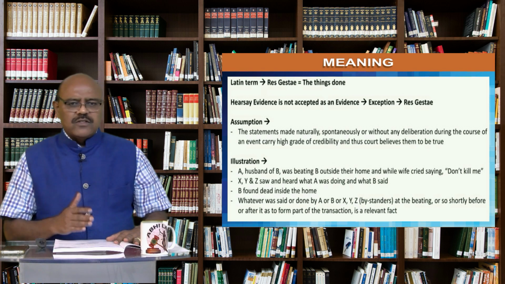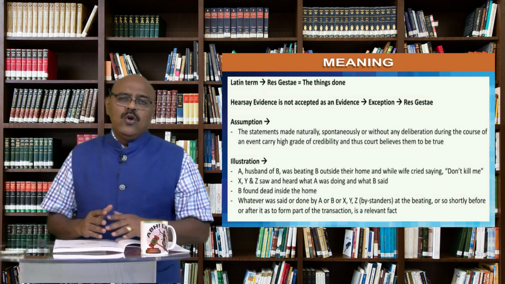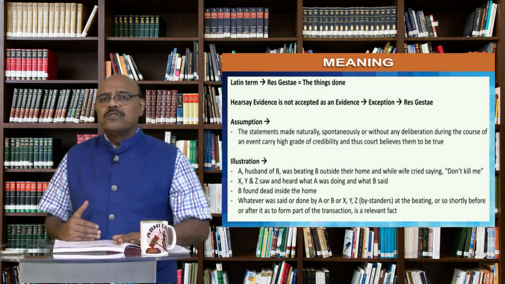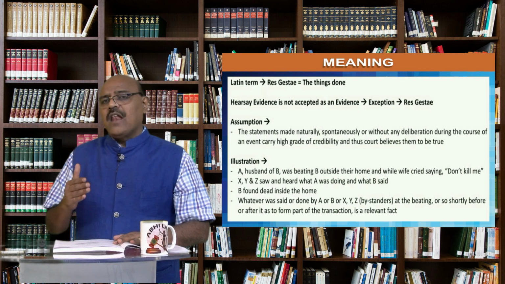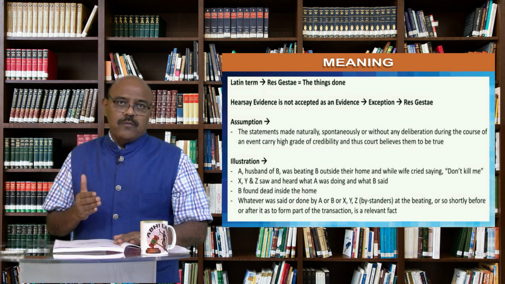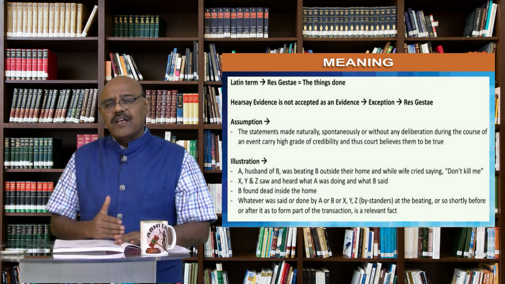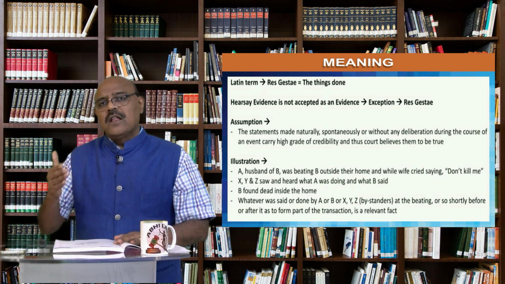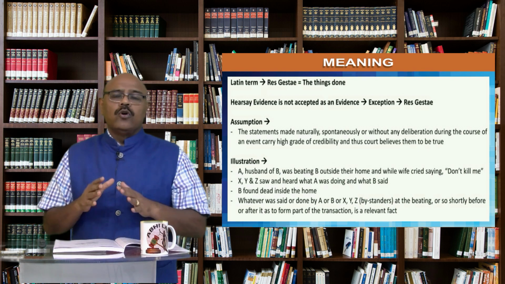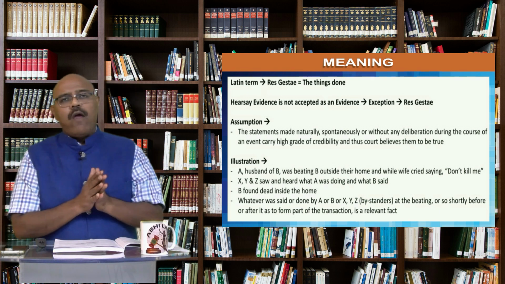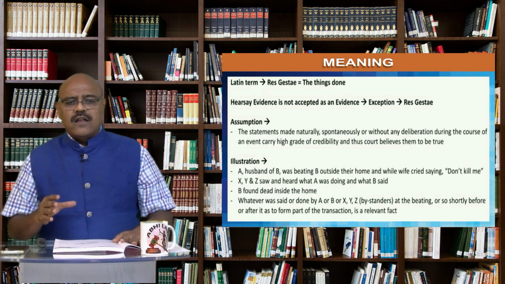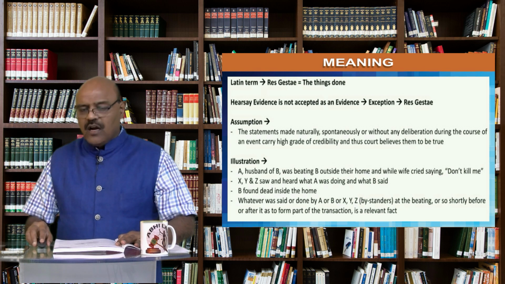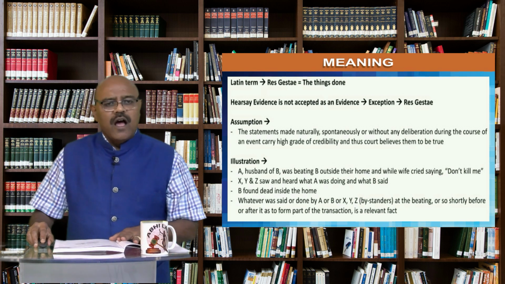Immediately, X, Y, and Z, who were bystanders and saw A beating his wife B, become witnesses, and every conversation they heard becomes part of the transaction which tells us that A killed B. So the issue now is whether A has killed B. For that, the transaction is what X, Y, and Z heard as bystanders. It becomes a relevant fact.